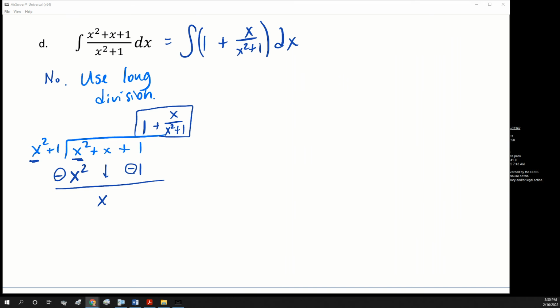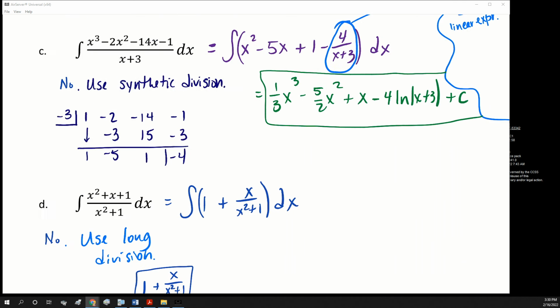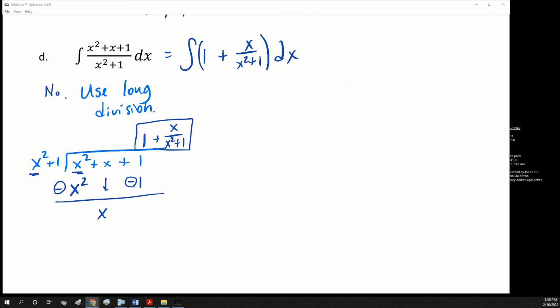So on this one, because it's a little more complex than the other ones we were doing where we had multiple terms, I'm going to actually divide this into multiple integrals.